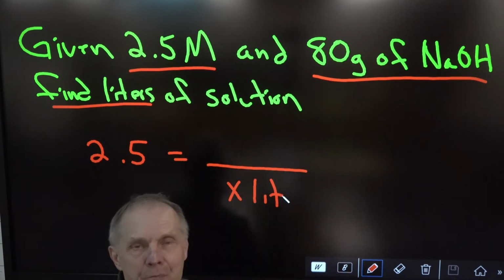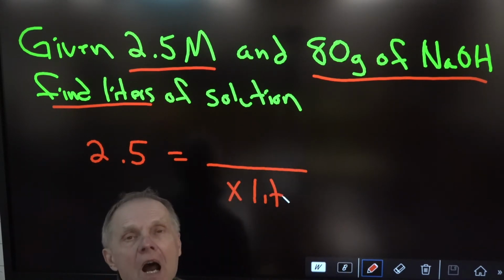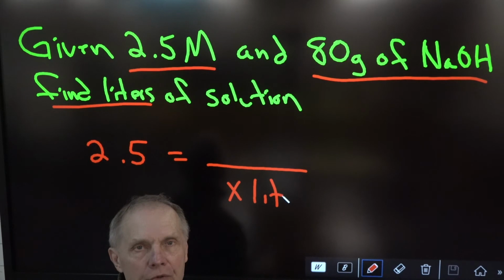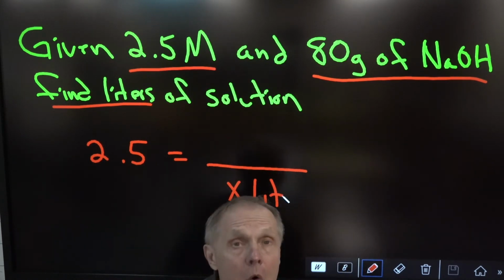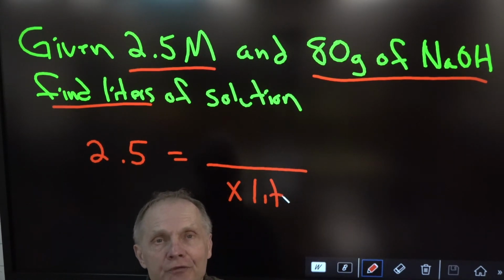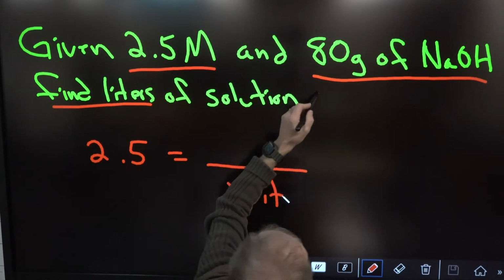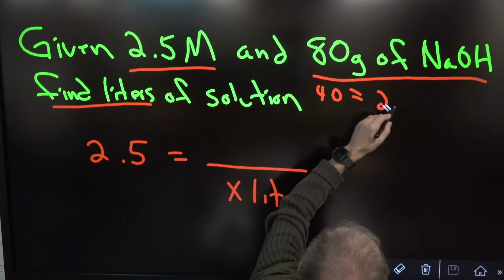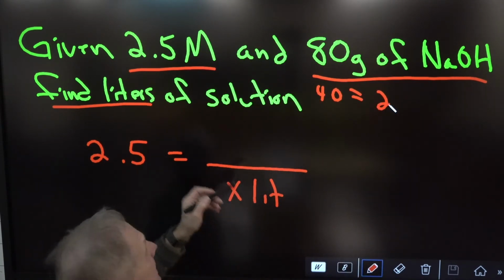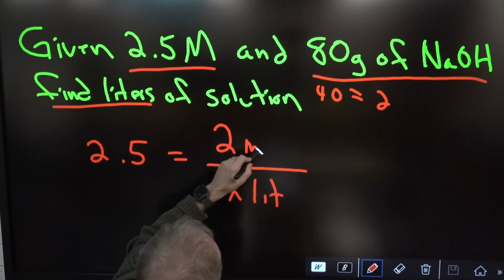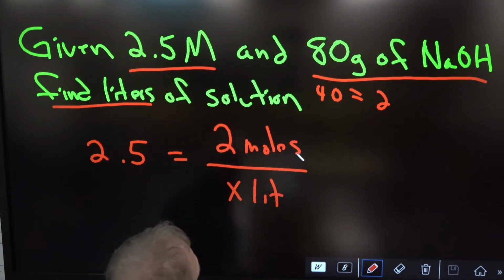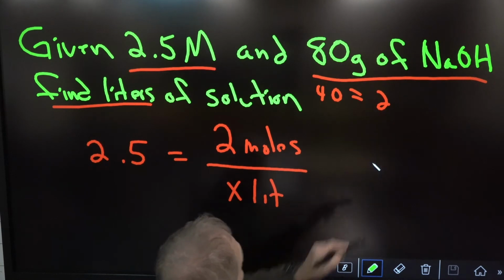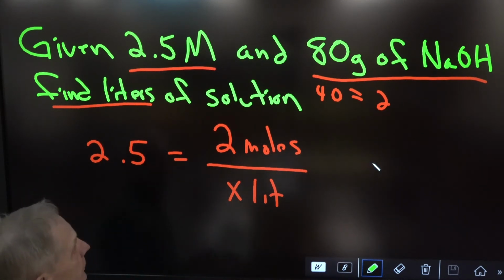Remember, I can't put grams on top. I have to convert it to moles. And since we already know the molar mass of NaOH is 40, it would be 80 divided by 40. That equals 2. So on top, it would be 2 moles. Now, all I have to do is get X out of the denominator, and the way to do that is multiply both sides by X, and then divide.